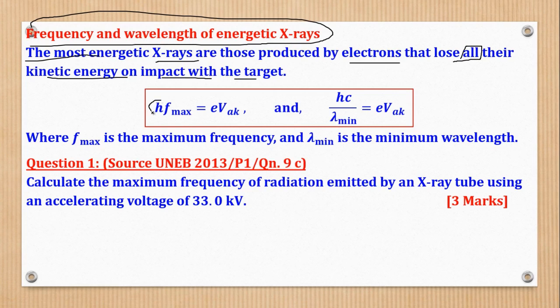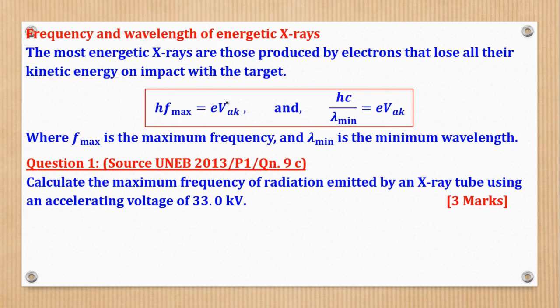Therefore, we shall use the formula hf_max is equal to eV_AK. This formula we already saw in photoelectric emission, photon energy, and this one, electrical work done, in the previous part of X-rays. So here it means that all this energy is equal to this electrical work done, and the same as this, because here we have converted the frequency in terms of wavelength.